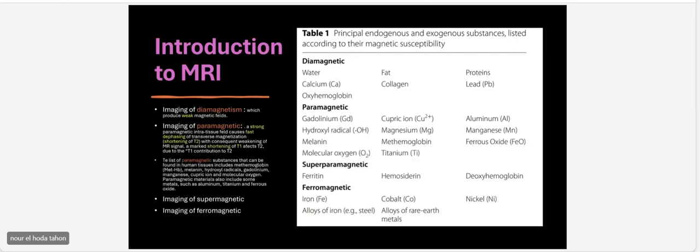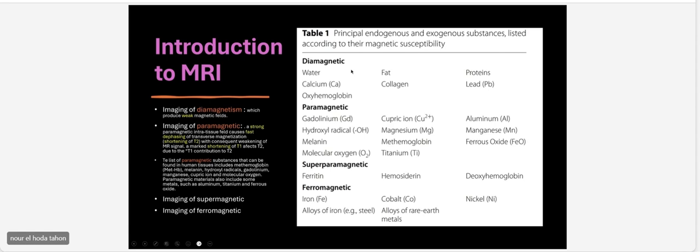Okay. In MRI, we have different substances, either inside our body or outside our body. Sometimes a patient has an artificial valve, or a knee replacement, or a stent or something like this. So we have different categories for the tissues.